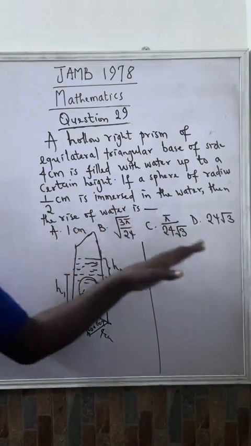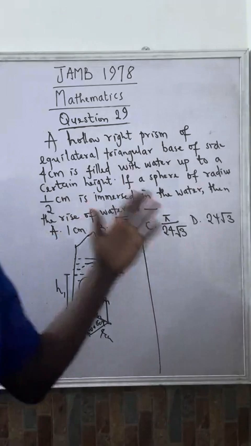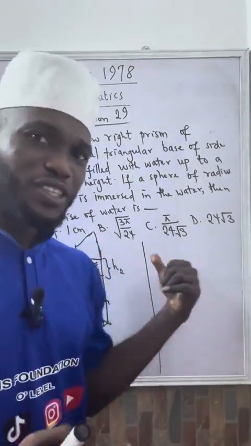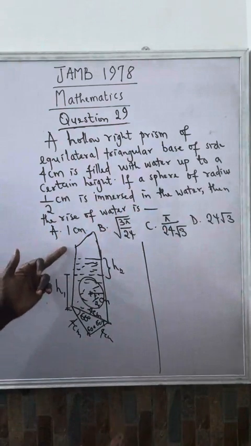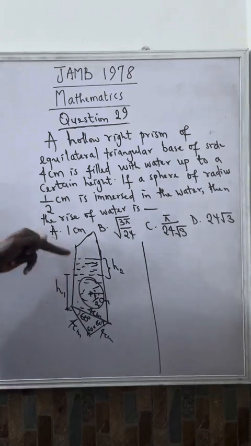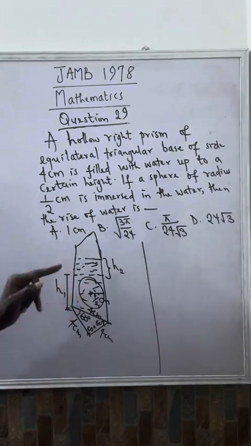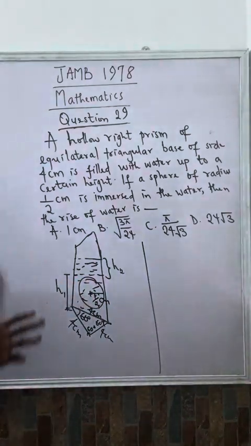This is mathematics, but certain principles of physics can be applied here. I don't want to sound as if I'm teaching physics. Normally, Archimedes' principle tells us that the volume of the water displaced is equal to the volume of the sphere. So let's look at mathematics.